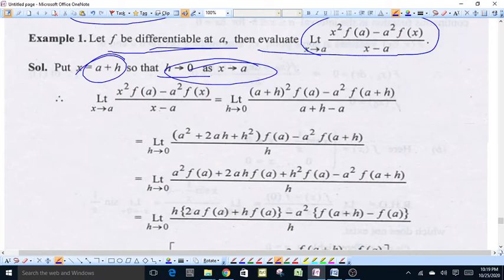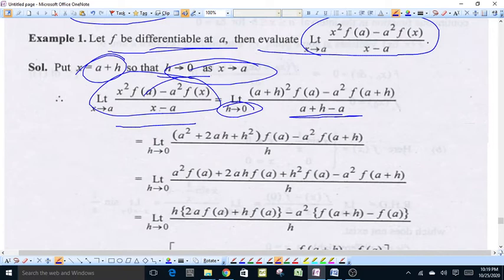Now the limit becomes the limit of [(a + h)² f(a) − a² f(a + h)] upon [(a + h) − a] as h approaches 0.